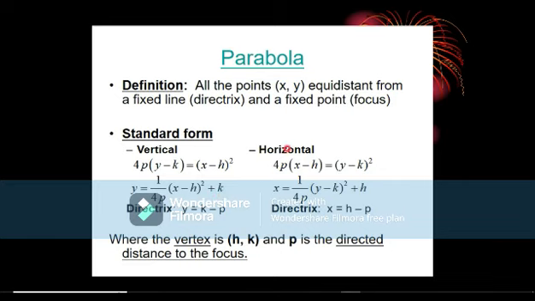For the horizontal axis of symmetry, you have 4p times x minus h equals y minus k quantity squared. And if it's expressed in terms of x, you have x equals 1 over 4p times y minus k quantity squared plus h. And the directrix would be x equals h minus p, where the vertex is (h, k) and p is the directed distance to the focus.